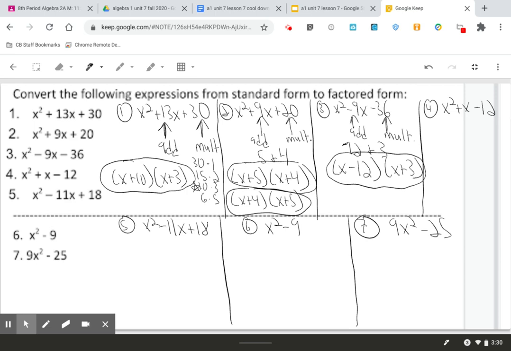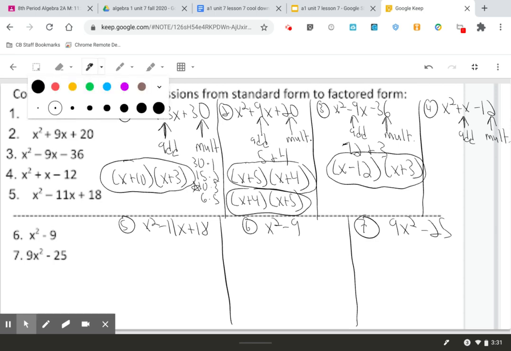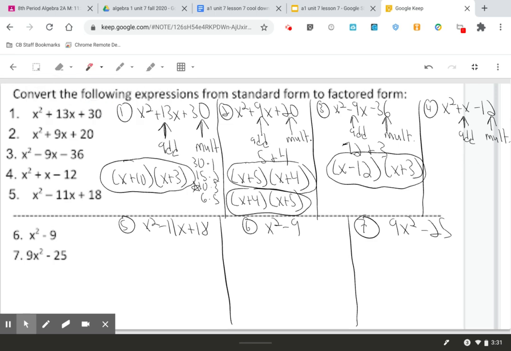Number 4, x squared plus x minus 12. Now notice there's no number in the middle there, but I know when this happens that number is automatically a 1.